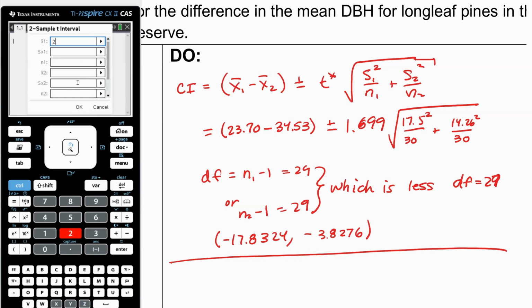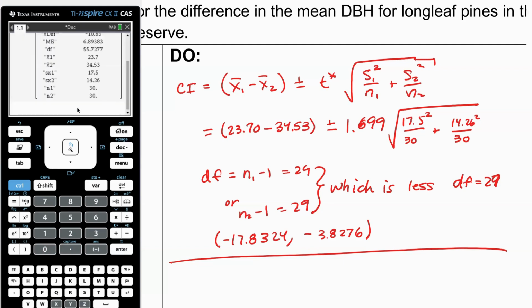And we have 23.7, 17.5, 30, 34.53, 14.26, and 30. Oh, and we want our confidence level to be 90%.